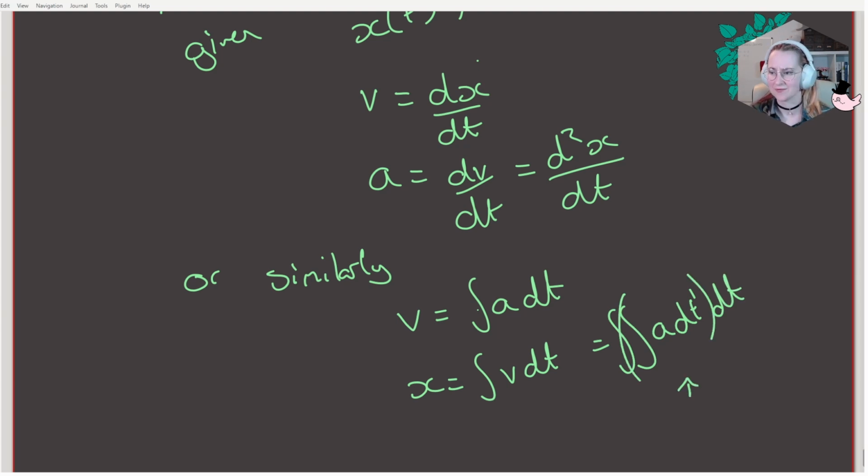This is bad notation, but essentially that's what happens.